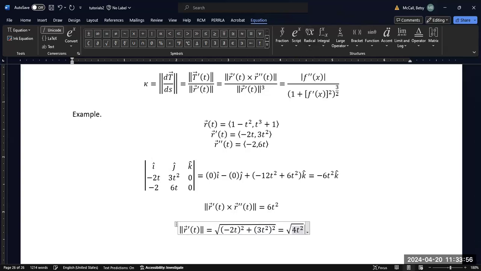So 4t squared plus 9t to the fourth. And if I want to simplify this a little bit, I can take a t squared out.